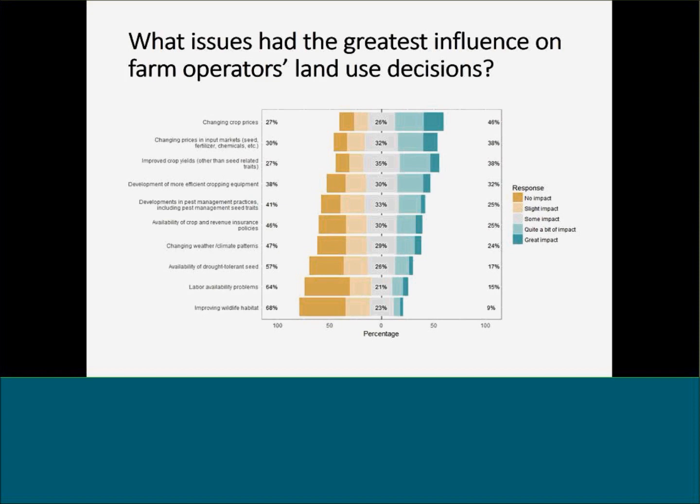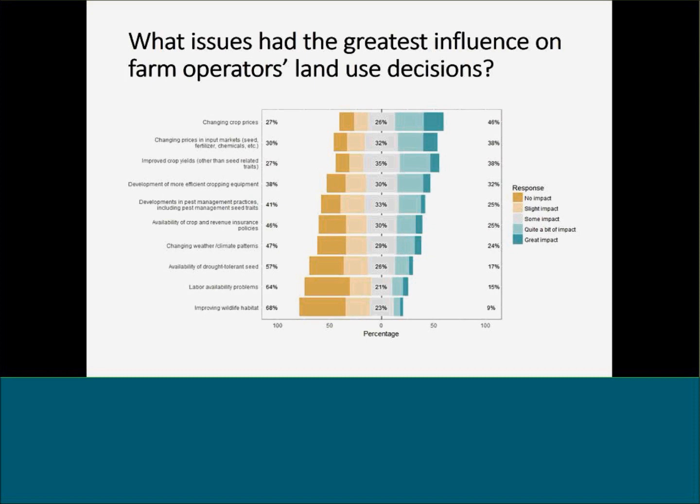If you look at the top two here, the ones that had the most respondents indicating that they had either quite a bit of impact or great impact are related to prices, so changing crop prices and changing prices in the input materials. Next, we see improvements in crop yields and development of more efficient cropping equipment.